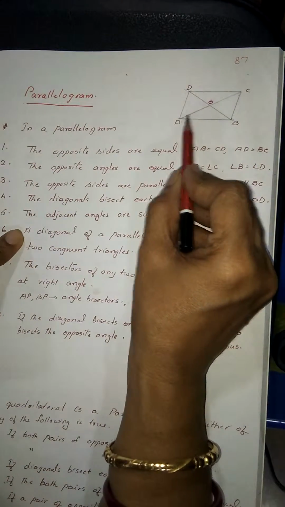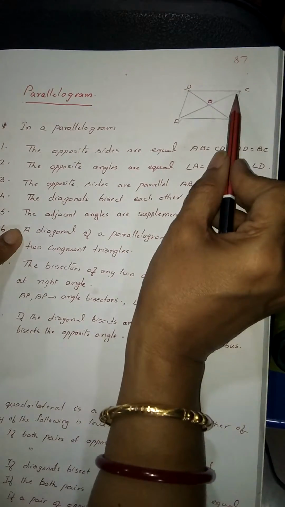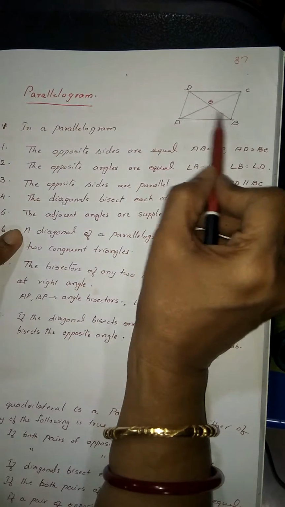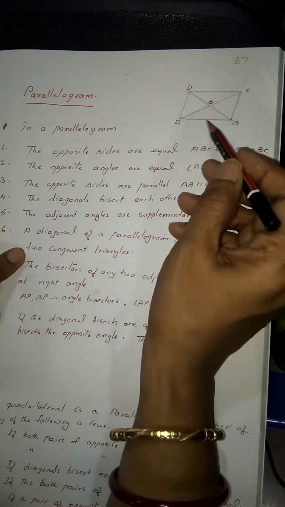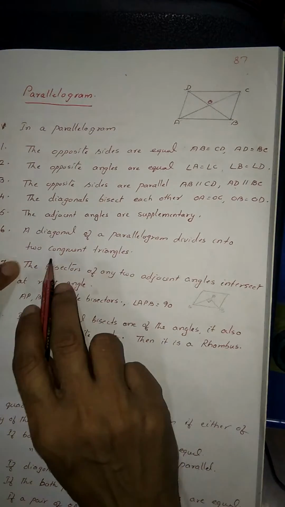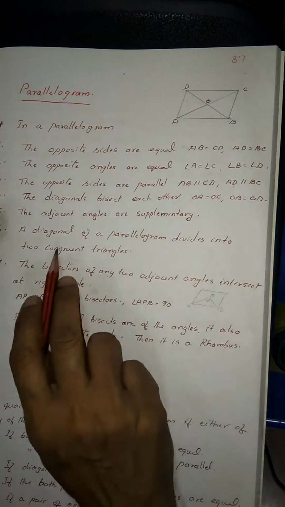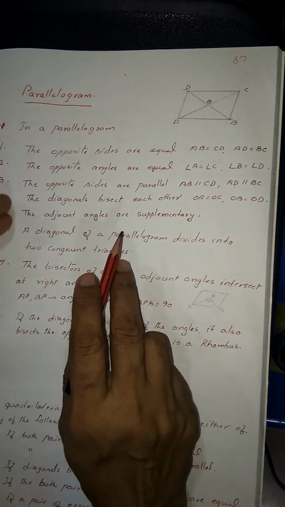And here the adjacent angles will be supplementary because these are parallel lines. So, these 2 angles will become co-interior angles. The diagonal of a parallelogram divides it into 2 congruent triangles, and we will be proving all these properties.